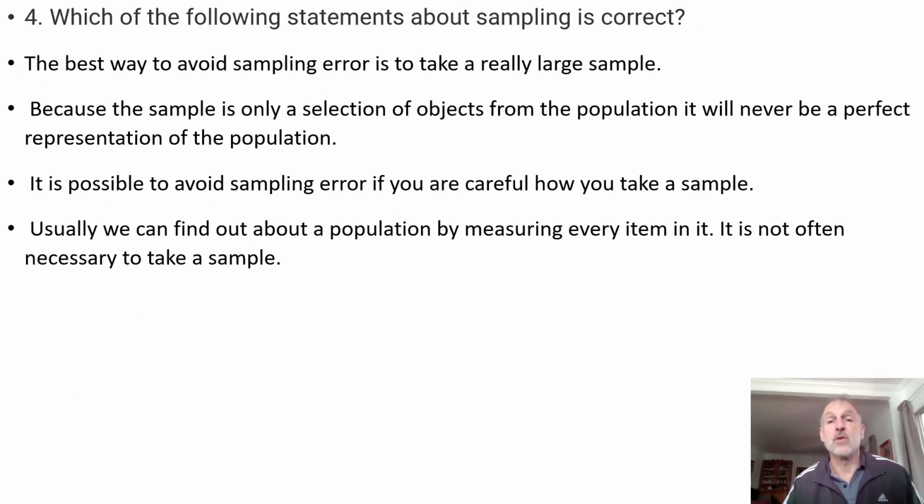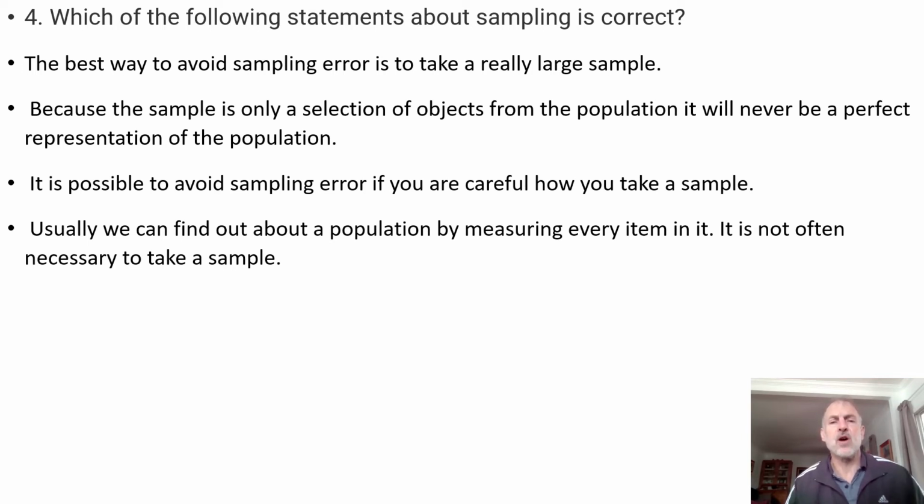Which of the following statements about sampling is correct? The best way to avoid sampling error is to take a really large sample. Because the sample is only a selection of objects from the population, it will never be a perfect representation of the population. It is possible to avoid sampling error if you are careful how you take a sample.